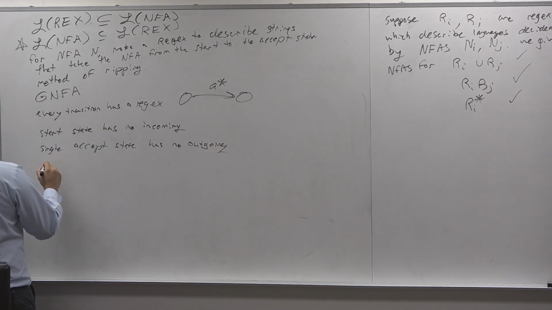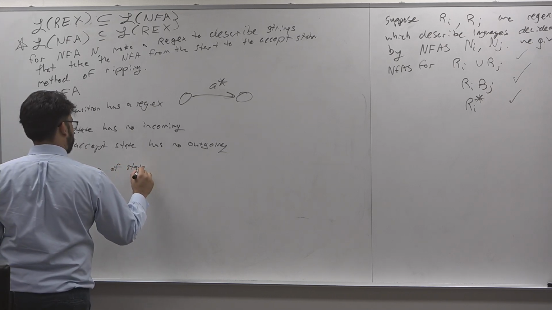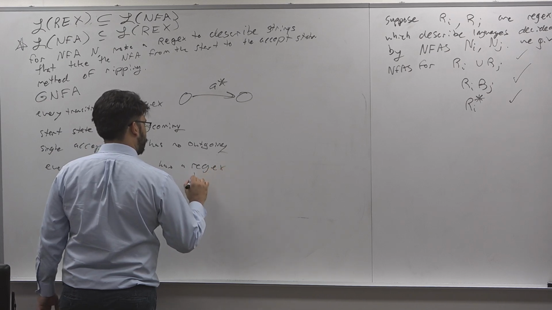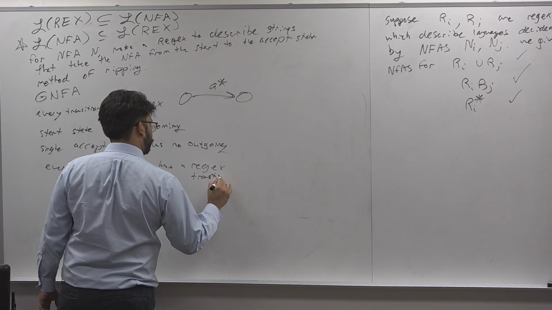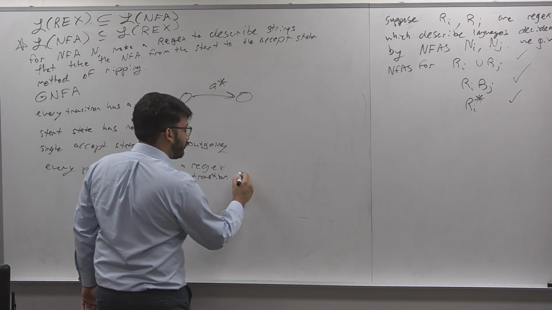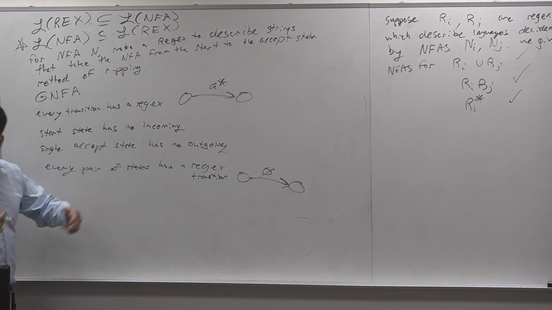And every pair of states has a regex transition. So in fact, in the NFA, if you had no possible transition between them, what you would do then is create a transition with the empty set. So that's a quote-unquote transition, but it defines how to go from one to the other. Right? So this is a GNFA.